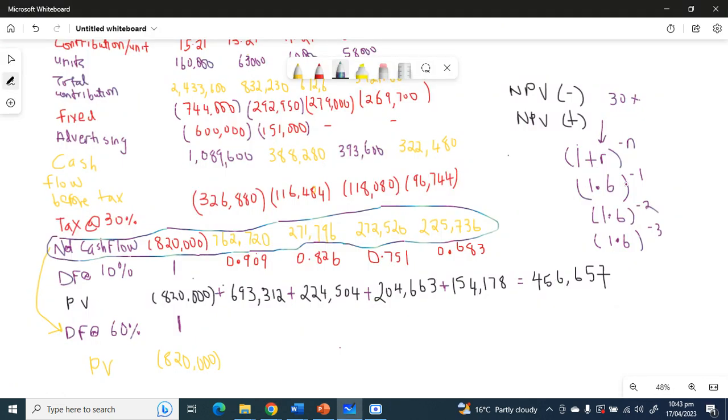Yes, colleagues, 1.6 to the power negative 1, 1.6 to the power negative 2, 0.3911, 1.6 to the power negative 3, 1.6 to the power negative 4.